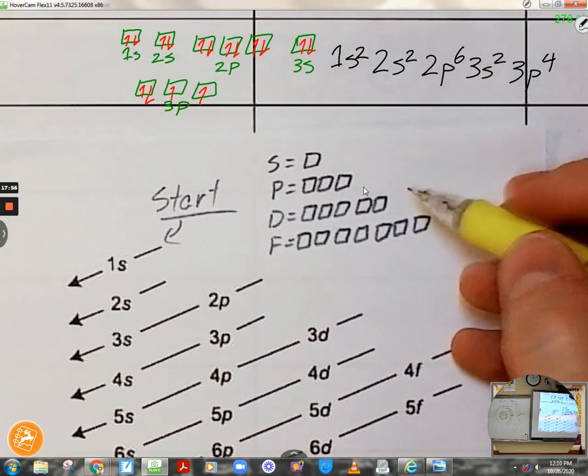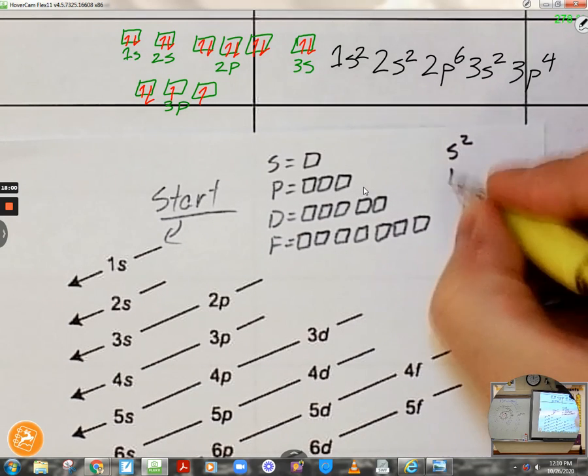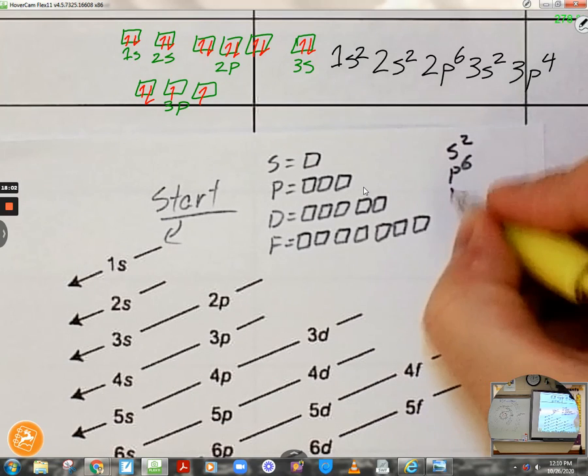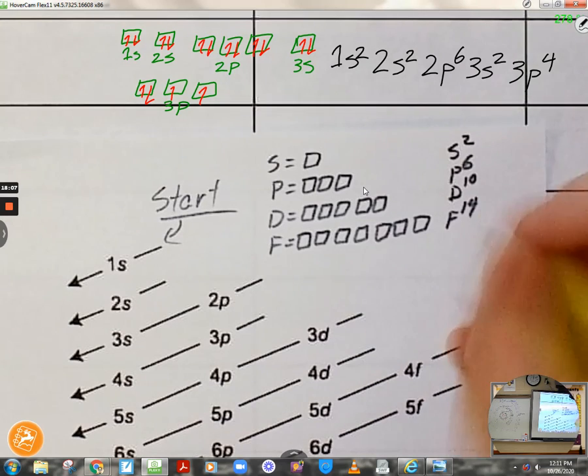So whenever one of these is full, an S will have 2, a P will have 6, a D will have 10, and an F will have 14.